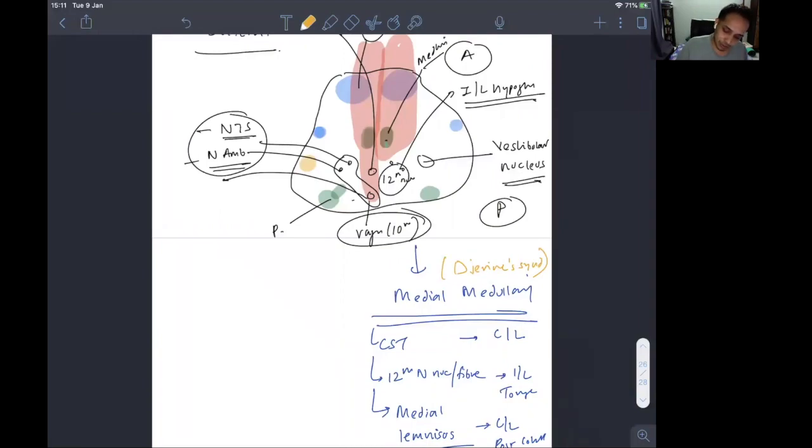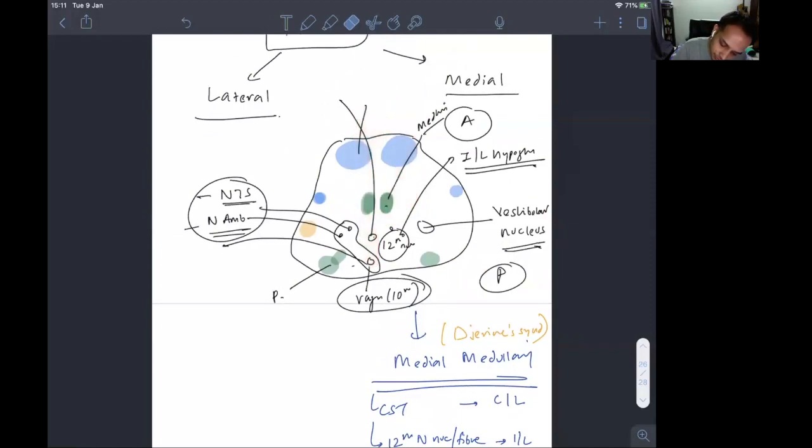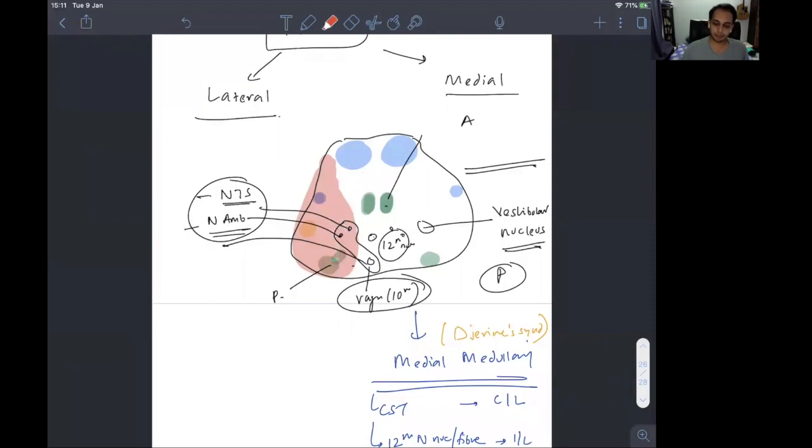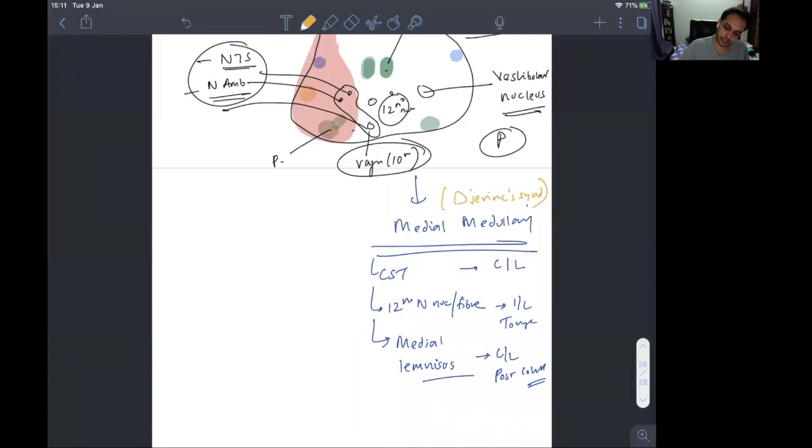Okay, now let's talk about lateral medullary syndrome and the different structures that could be involved. So now let's remove all this. And now the lesion is here. Okay. So here the different sites of involvement are, you can have your spinothalamic tract involved because that is lateral.